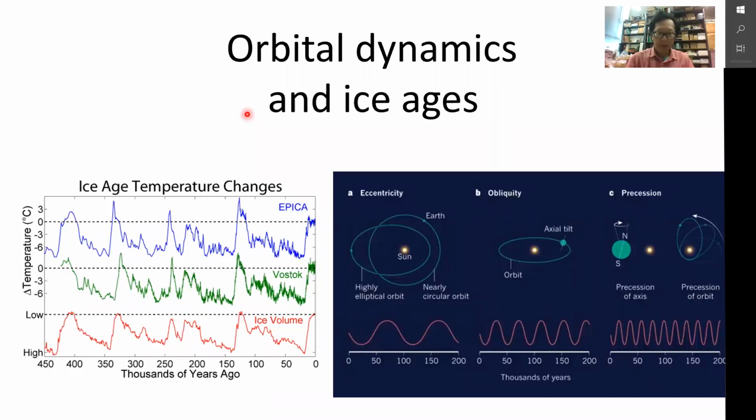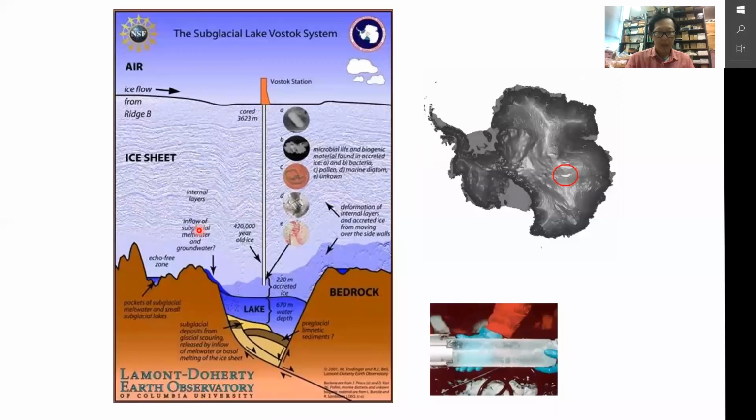So coming back to the orbital dynamics and this asymmetry, let me talk about that. I should have shown you this earlier, but these are the ways you actually drill down to get this ancient, this paleo record of climate.